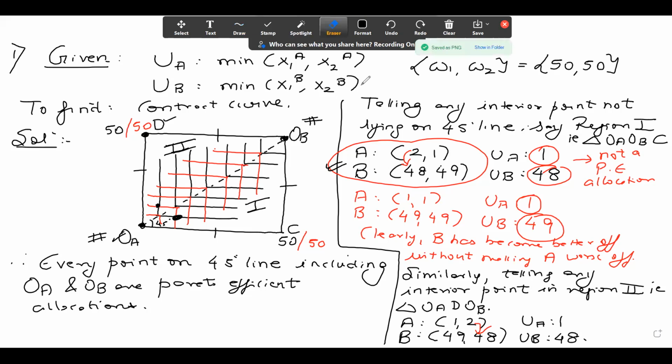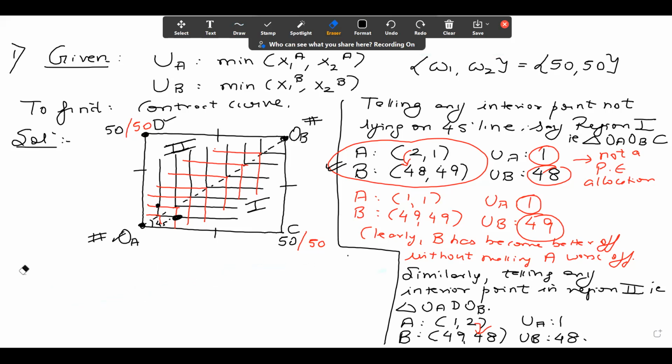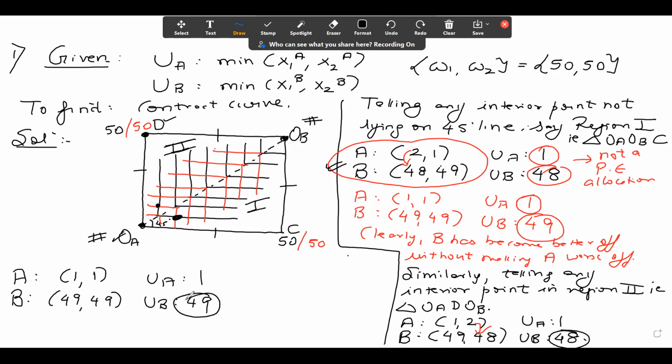If I erase this particular part, I can write that now A is going to get a utility of 1. A's bundle will now be 1, 1, and B's bundle now will be 49, 49. Again, utility which A gets from its own bundle is 1. Utility which B gets from its own bundle is 49. If you compare, B has become better off without making A worse off.